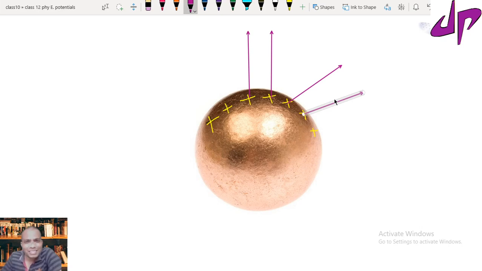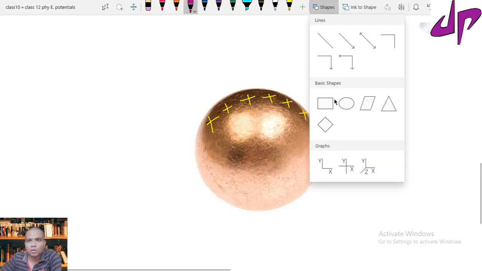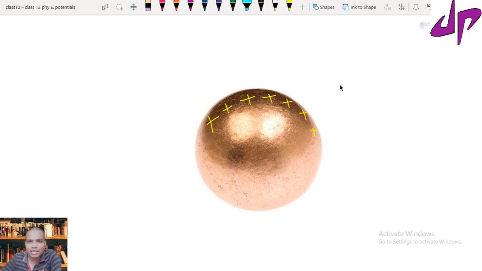So let's think like this. What would happen if the electric fields are not normal to the surface? Suppose I imagine that these electric field lines are not normal to the surface. Let me take the electric field lines just tangent to the surface. Now if I imagine it like this, what happens? This electric field is a vector, and we can resolve it into two components.